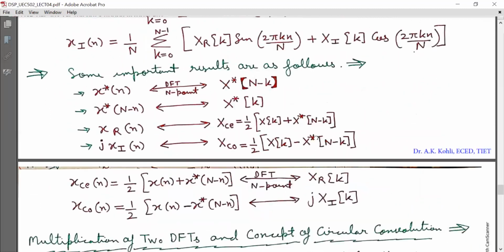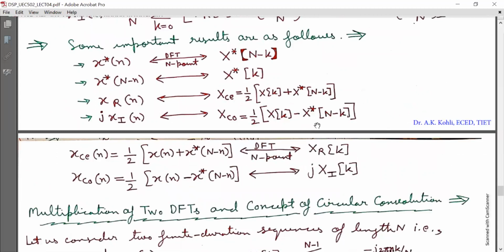Some other important properties are, if x conjugate of n is there, then its DFT is capital X conjugate of N minus k. If x conjugate of capital N minus n is in time domain, then its DFT is capital X conjugate of k. Now if the real part of the time domain sequence is taken and its DFT is taken, then it comes out to be the capital X conjugate even sequence.